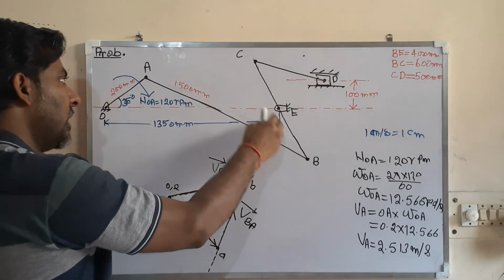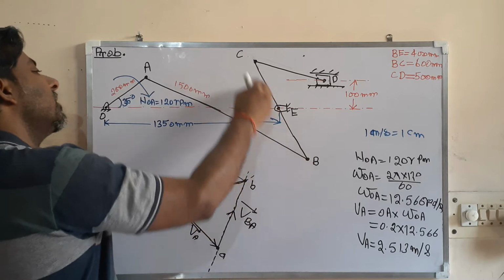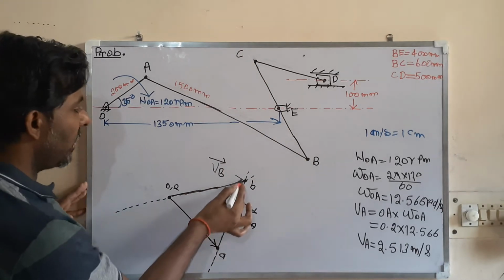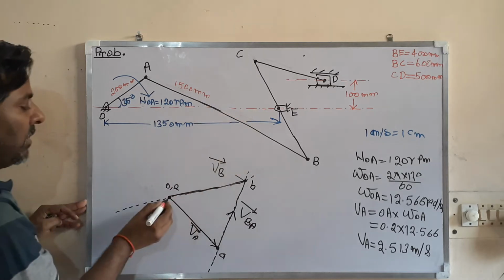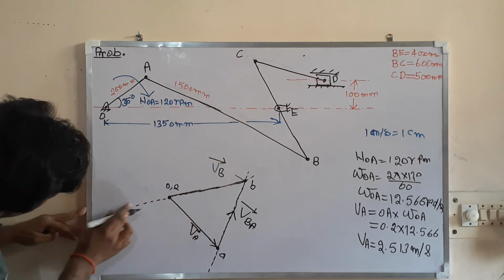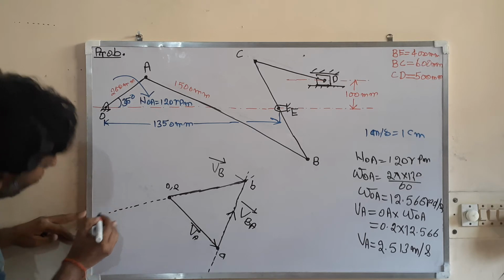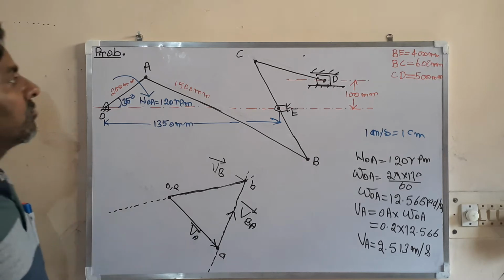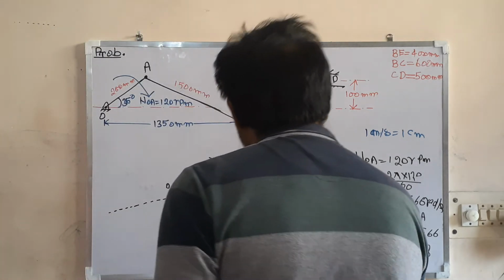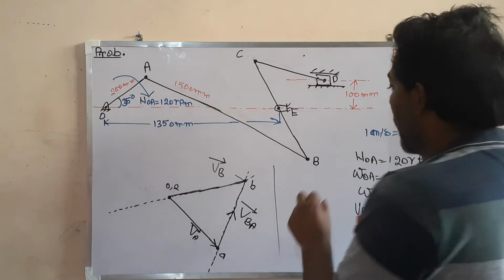So you are looking that this point C is on the extension of this line. Where is B? Small b in the velocity diagram is this. So this point C will similarly be on the extension of this line. So how to calculate this? This can be calculated in that way.